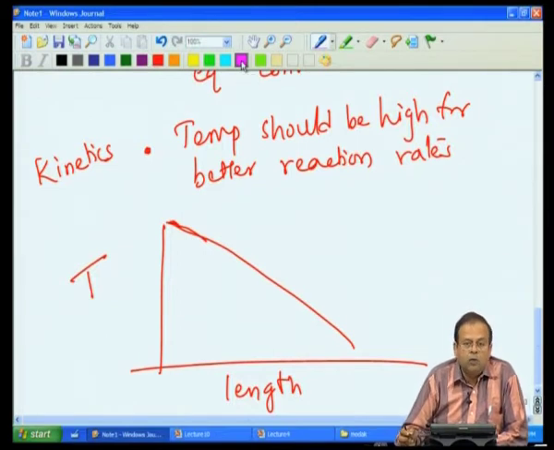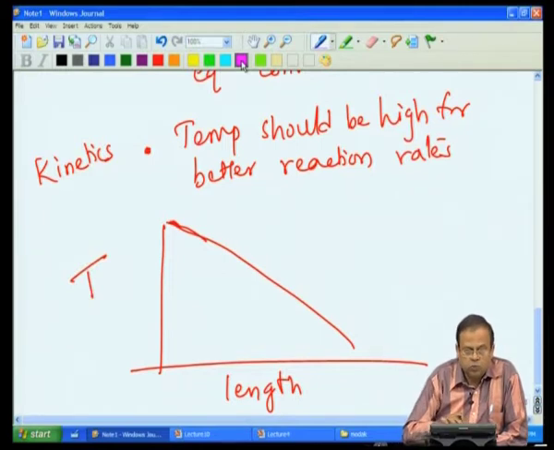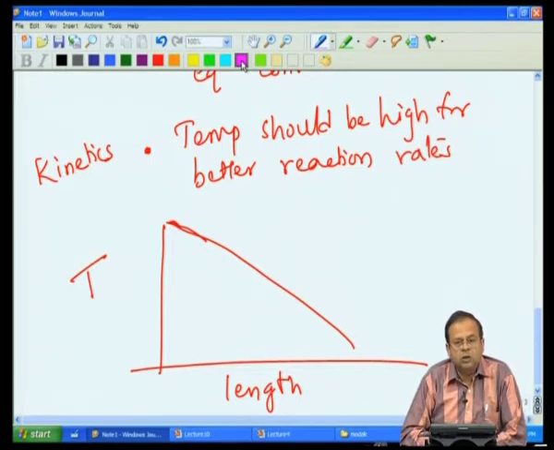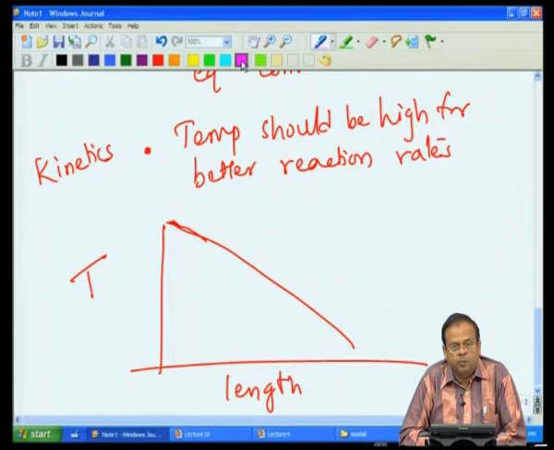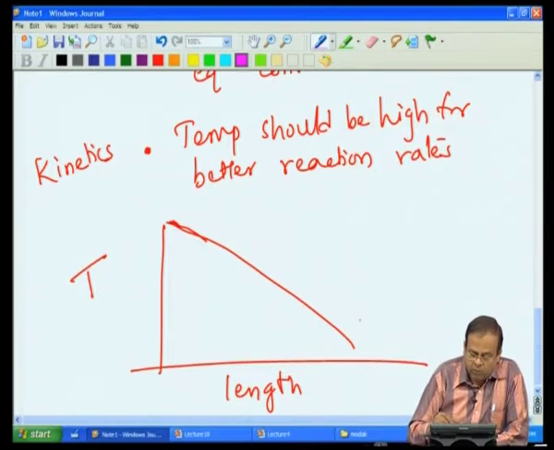How will I be able to overcome this problem? I will not be able to do all this in a single shot. So, one way of overcoming this problem is I will use a series of reactors and heat exchange equipment. And what will I try to do? So, this is my optimal. Let us say that this is my desired temperature profile.